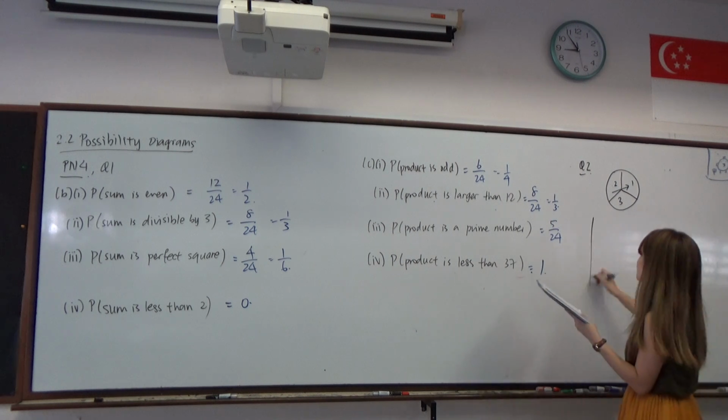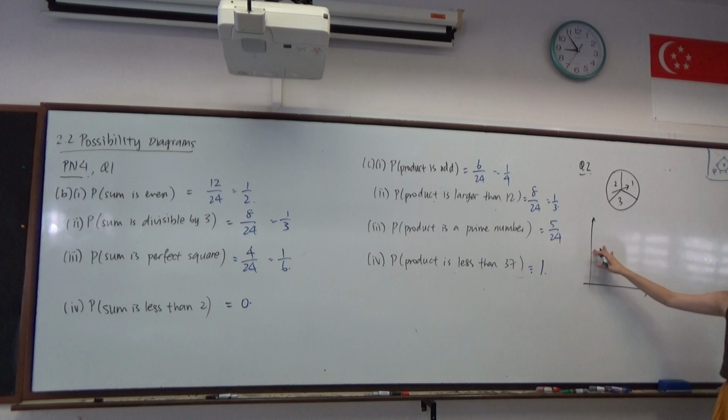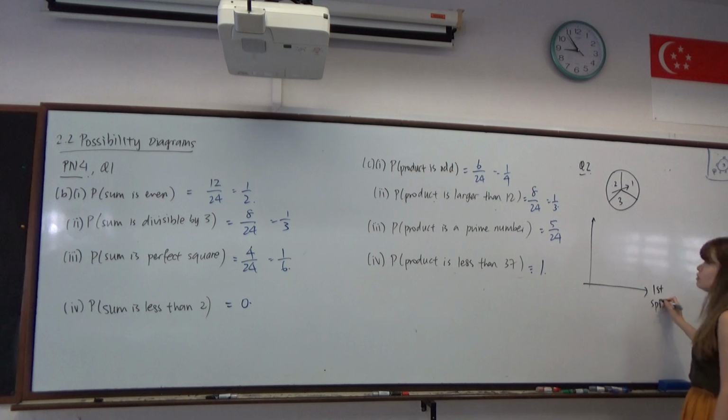Okay, so to draw this possibility diagram, what would we have on the x-axis and the y-axis, or rather the horizontal and the vertical? Tishi, what would you choose to have on the horizontal axis? Spun twice. What would you write? First spin, and then what markings will you give?